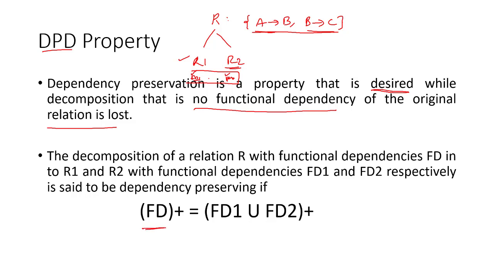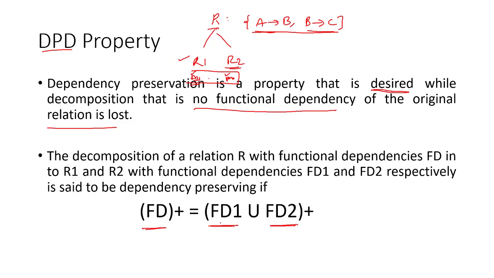Assume FD is the functional dependency set that is derived from R. Now this relation is decomposed into R1 and R2. We can get the functional dependency sets: let us take FD1, derived from R1, and FD2, the functional dependency set derived from R2.